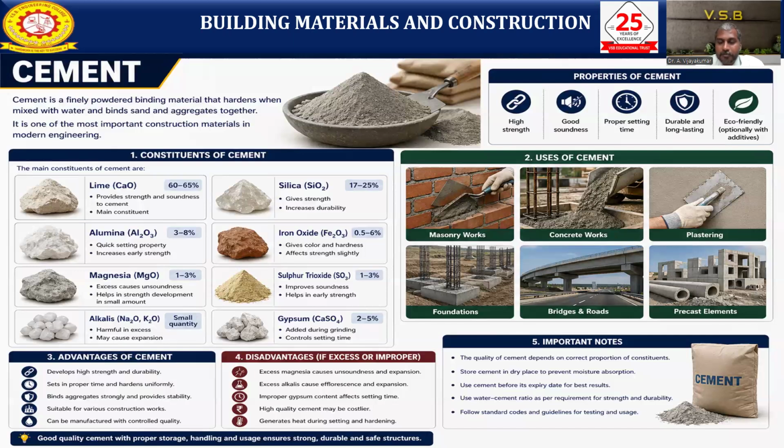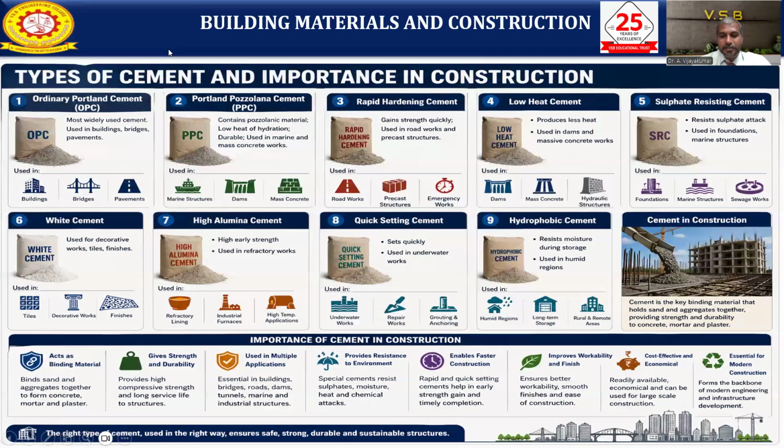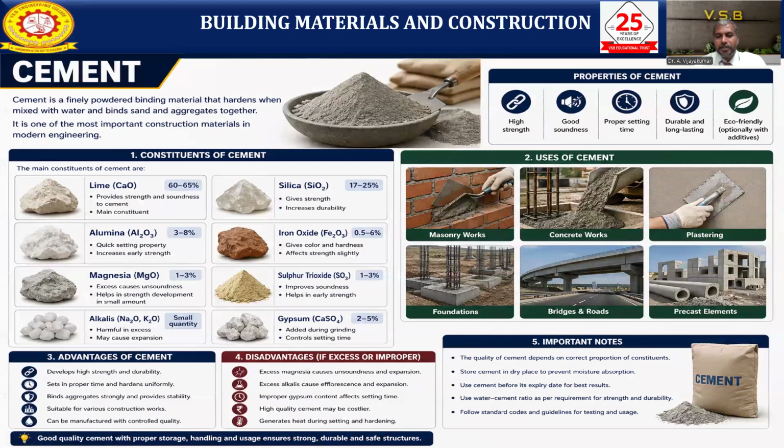So what is important for this cement? The quality of the cement depends mainly on the correct proportion of the various ingredients present in the cement. Store the cement in a dry place to prevent moisture absorption. Use the cement before the expiry date to achieve the best result.